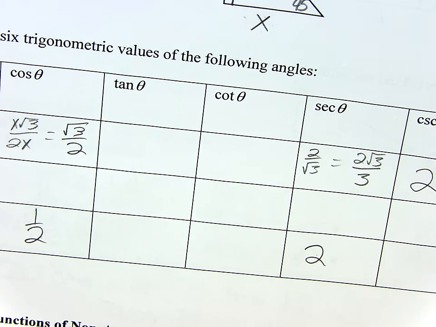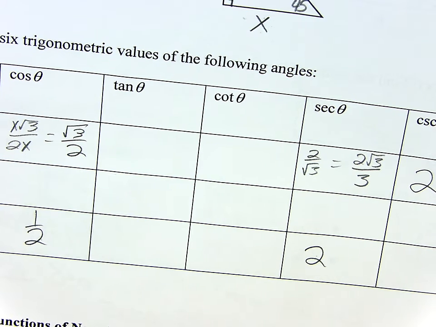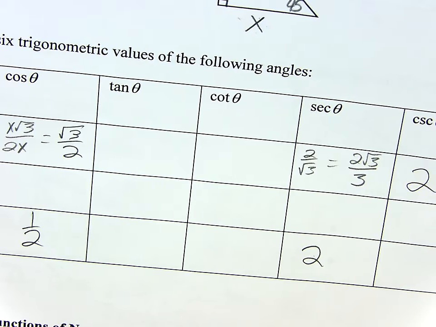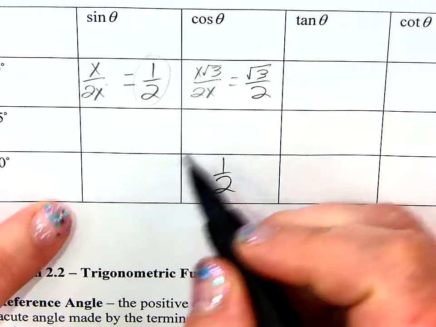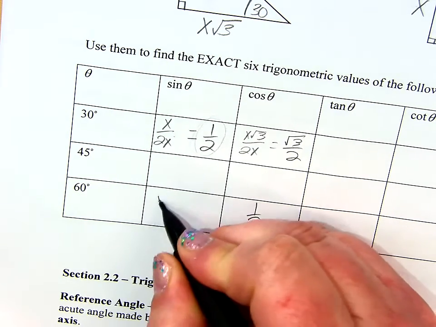But that means I also have other boxes. Who's the same as cosine of 30? Sine of 60. So this sine of 60 must also be root 3 over 2.